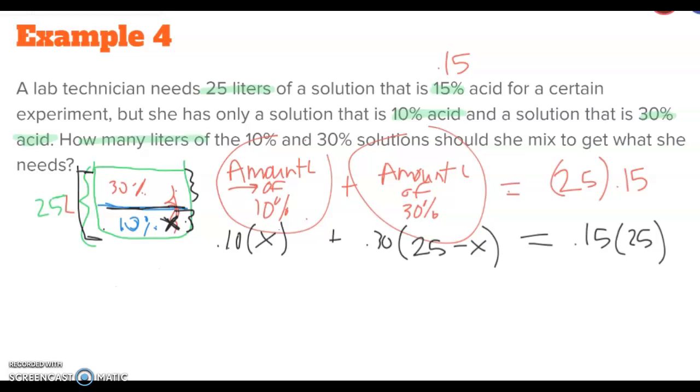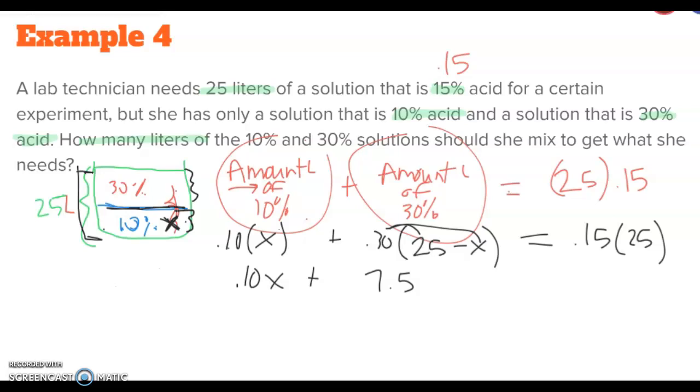Okay, so let's go through. That gives us 0.10x. Remember, we've got to distribute this one. So, trusty calculator, 0.30 times 25 is 7.5.